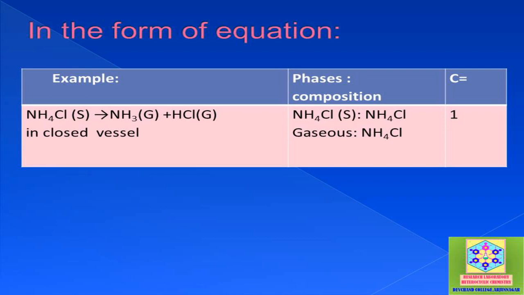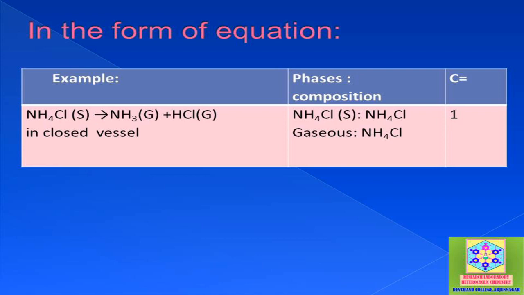But if we consider the 2 phases, ammonium chloride solid and the gaseous phase, the composition of both these phases can be expressed by a single formula, NH4Cl, because in the gaseous phase, the composition of the gases is 1 molecule of ammonia and 1 molecule of HCl, a 1:1 composition.